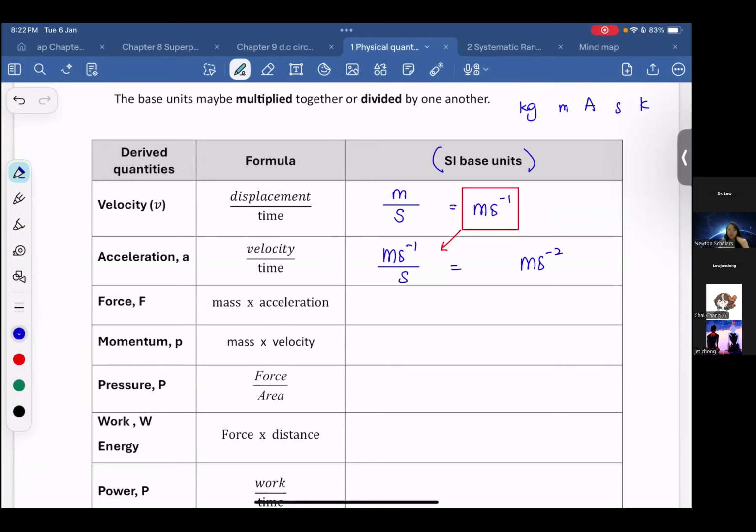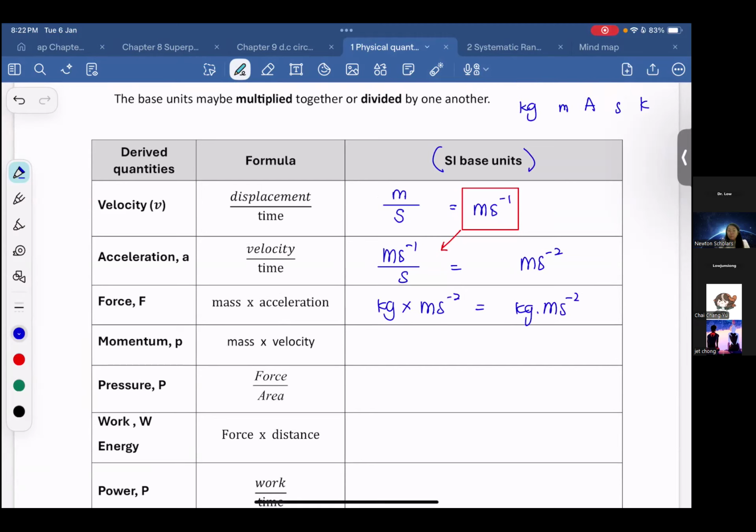Force. We know that force is in Newton. Then how is it in SI base unit? Okay, we know that force is F equals ma, which is kg times acceleration m s^-2. So we get kg m s^-2.